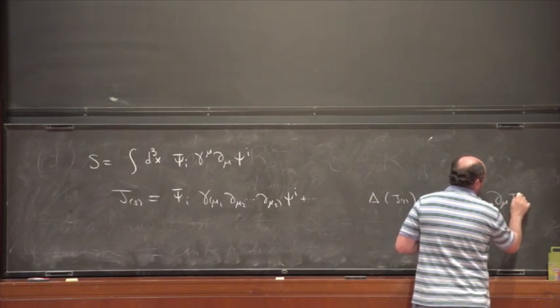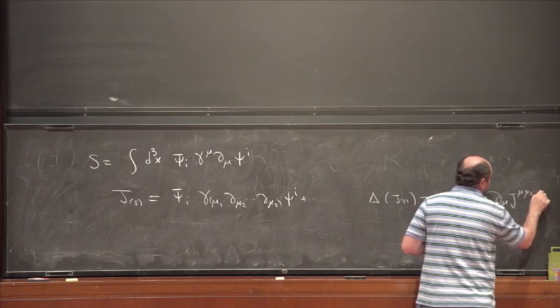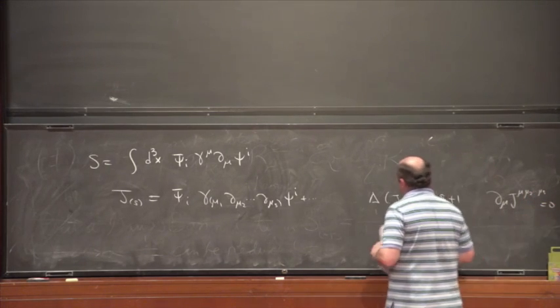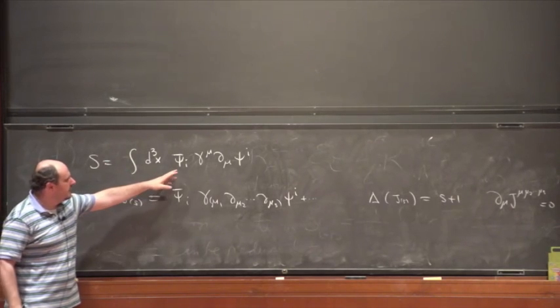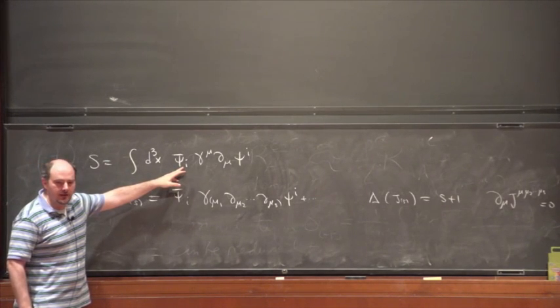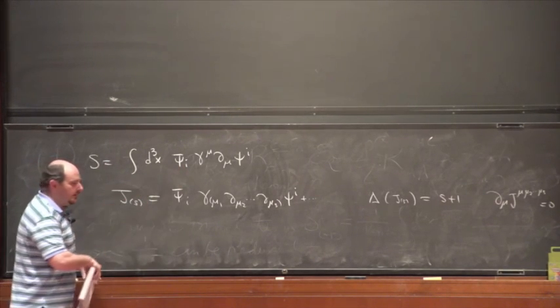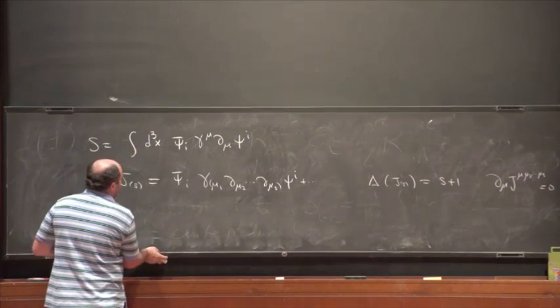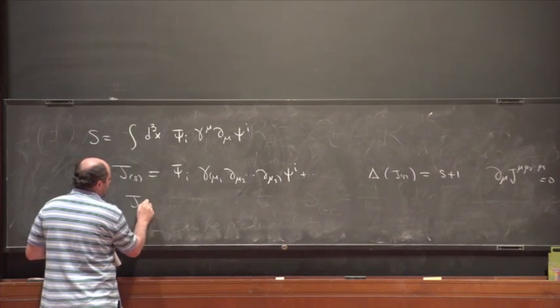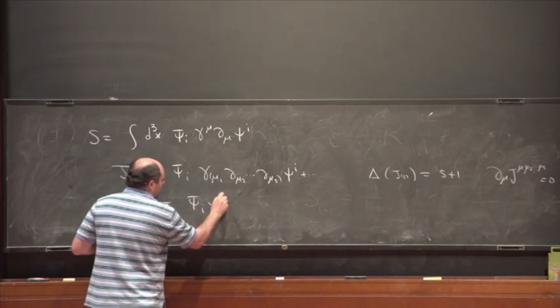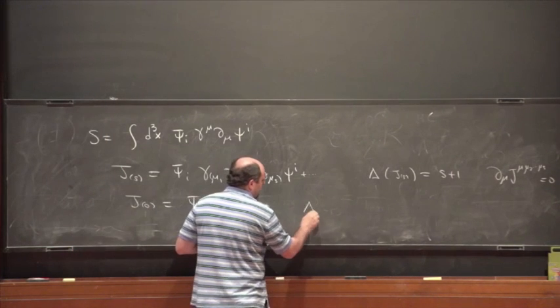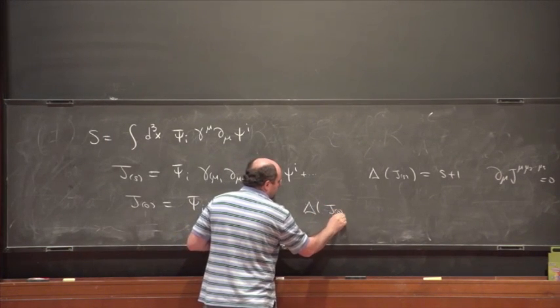So again, these currents are conserved. The dimension is S plus 1 because in 3 dimensions the fermions have dimension 1, as you can see from the Lagrangian. And then again, in addition to this operator, there is this scalar operator of dimension 2 now.